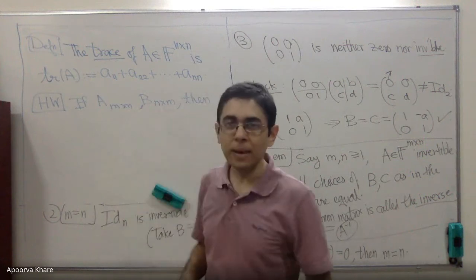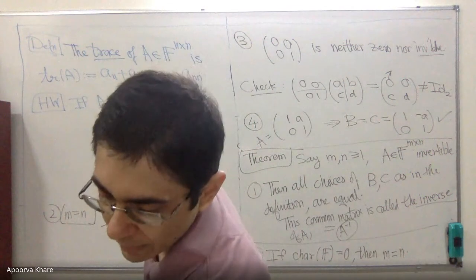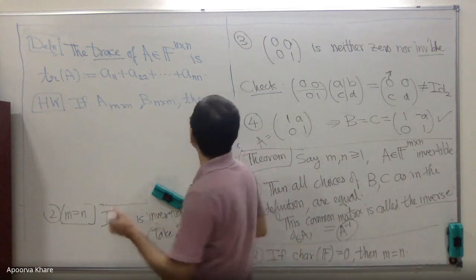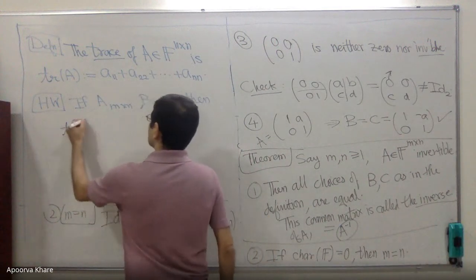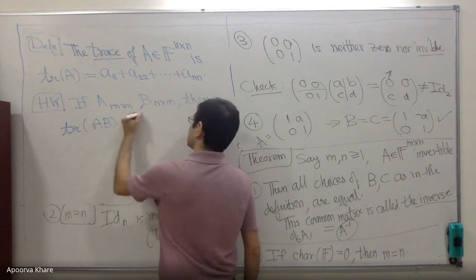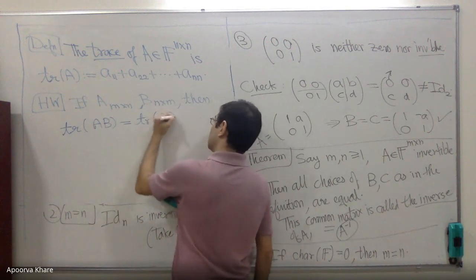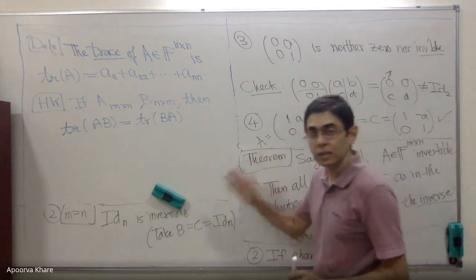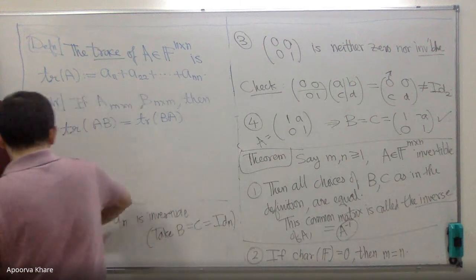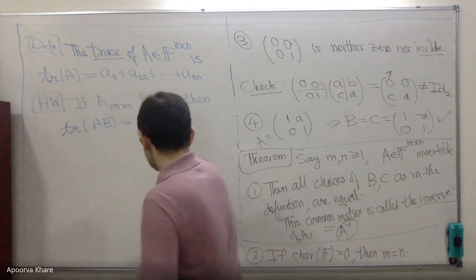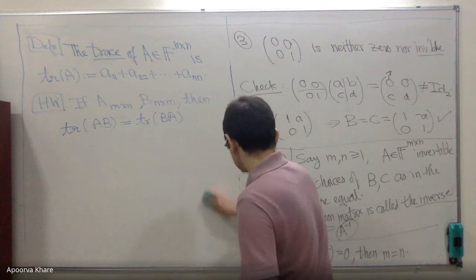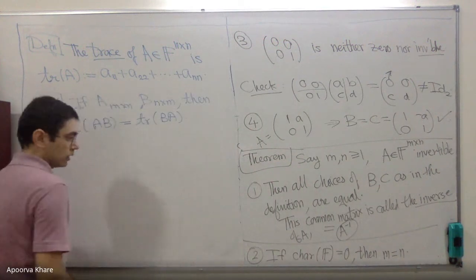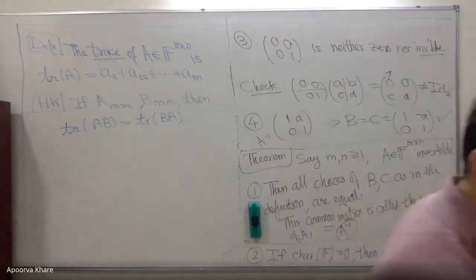A times B is M by M, B times A is N by N. They don't have the same size, but regardless, they have the same trace. The trace of AB equals the trace of BA, even if they don't have the same size, or even if they do but aren't equal. So that's a homework problem. You have to compute stuff and verify, but that's fine.